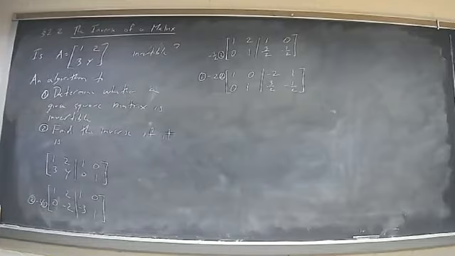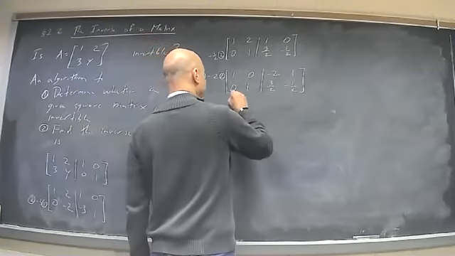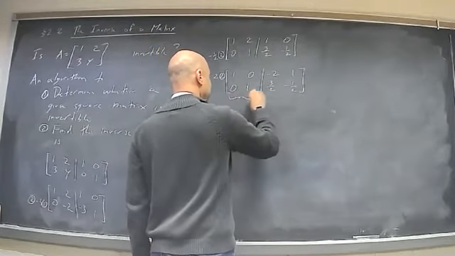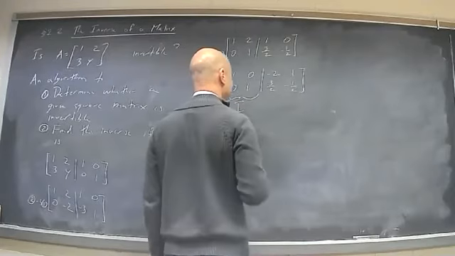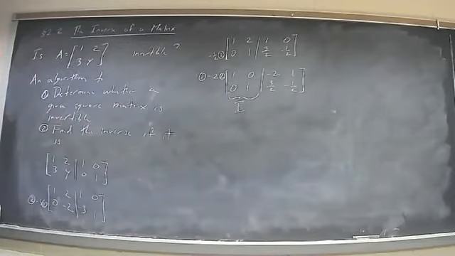If that looked at all unpleasant, it was just because of the fractions. Notice I was able to get the left-hand side down to the identity. Sometimes the reduced echelon form of a square matrix is the identity, and sometimes it's not.